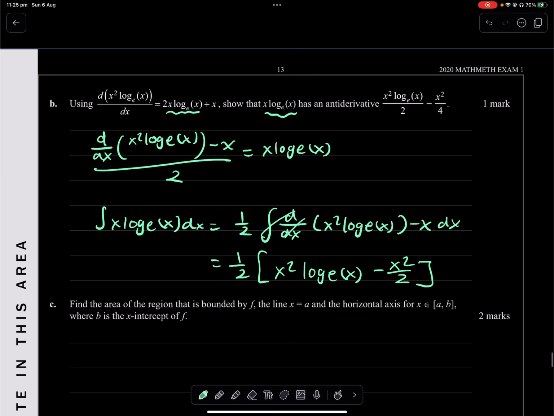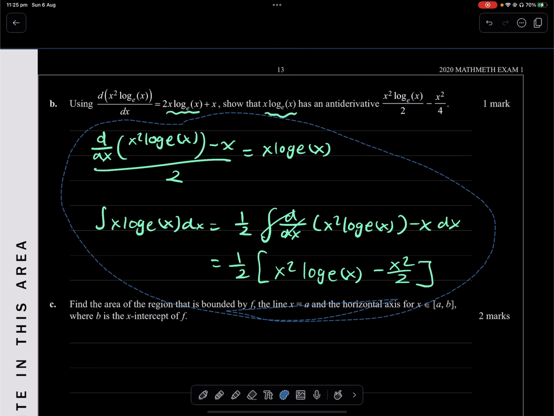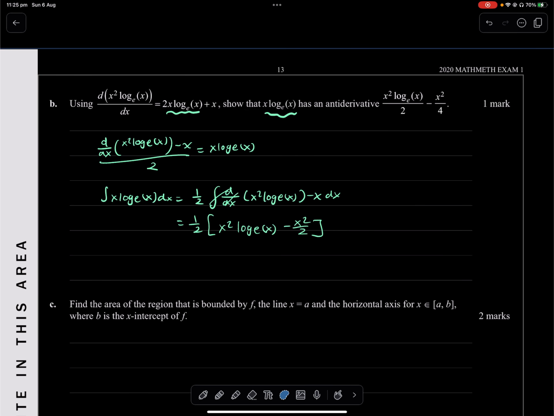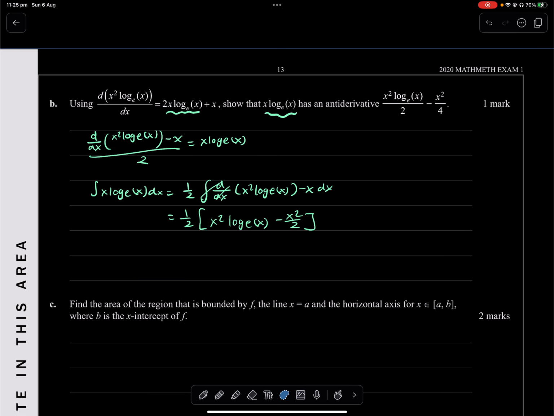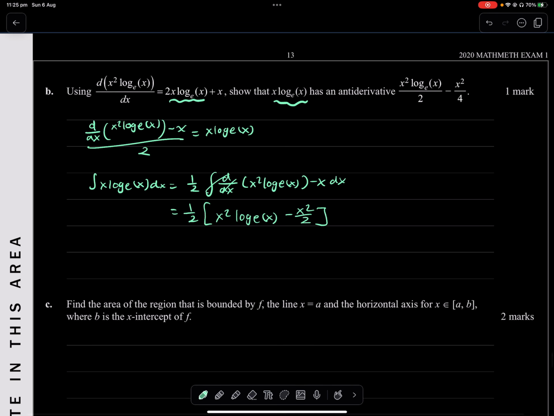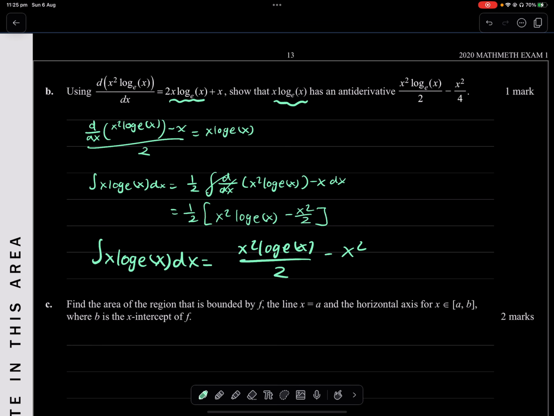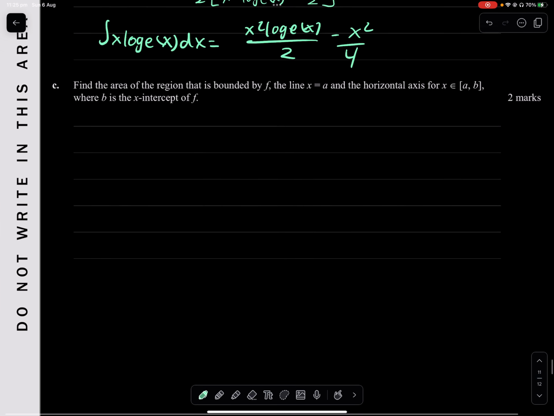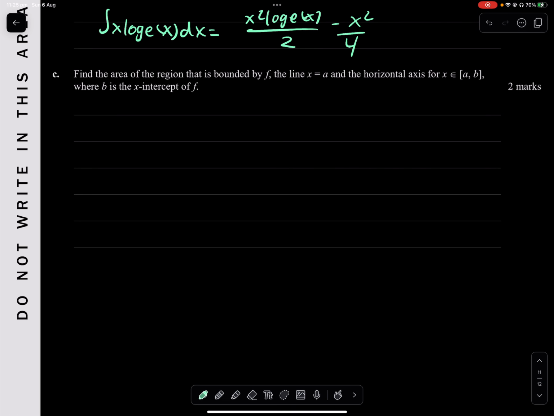So the integral of x log e of x dx is x squared log e of x all over 2 minus x squared over 4, which is the same as the answer here. Okay, find the area of the region that is bounded by f and the line x equals a.